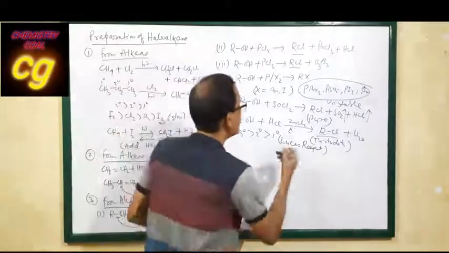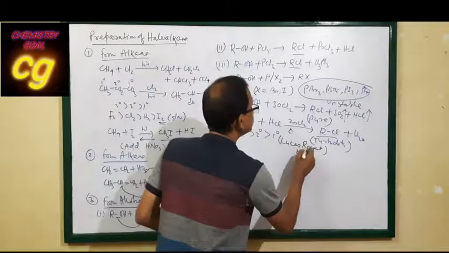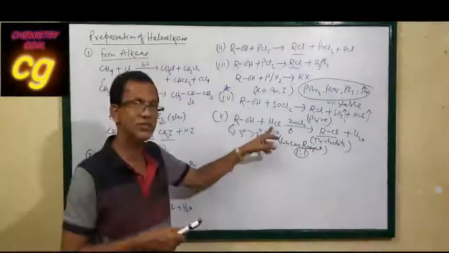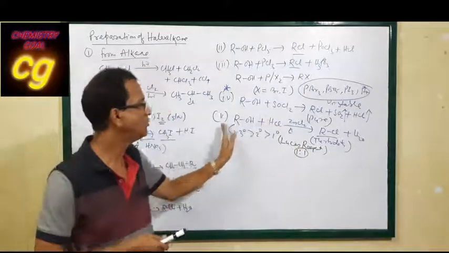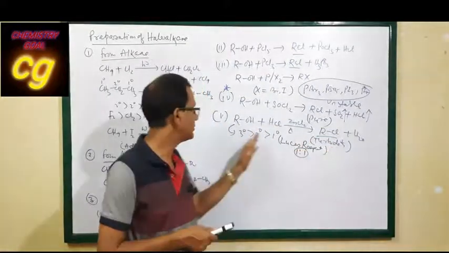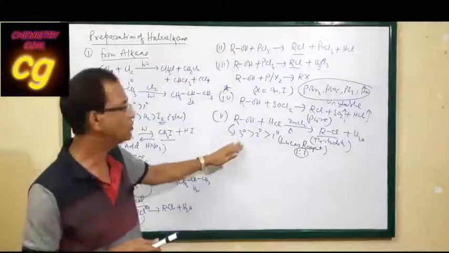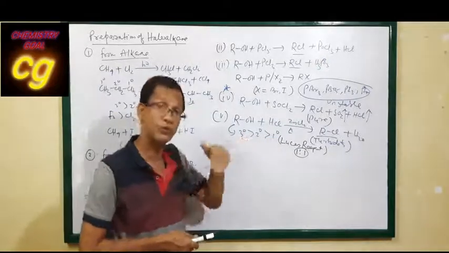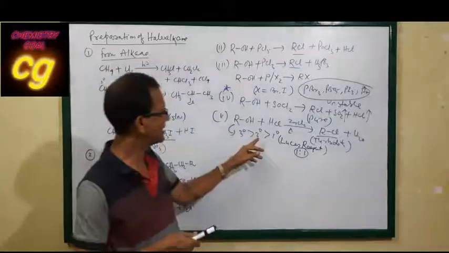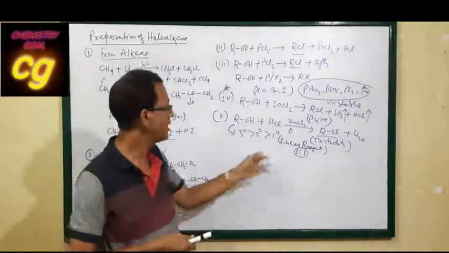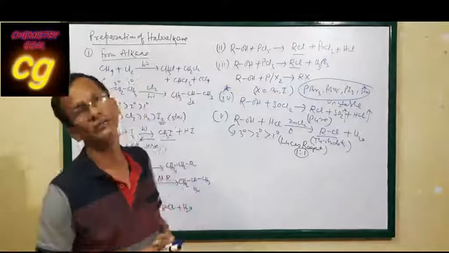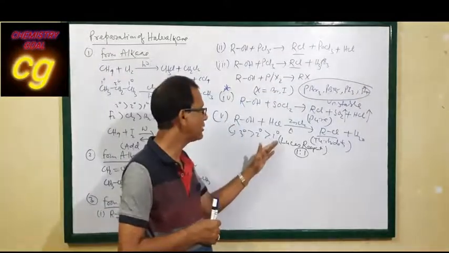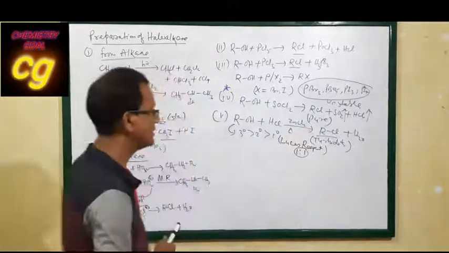You have to remember the 1:1 composition. If you take it, you will get white turbidity. Tertiary alcohol gives immediate turbidity, secondary alcohol gives it after some time, but primary gives it on heating. This is the difference between tertiary, secondary and primary alcohol towards Lucas reagent.